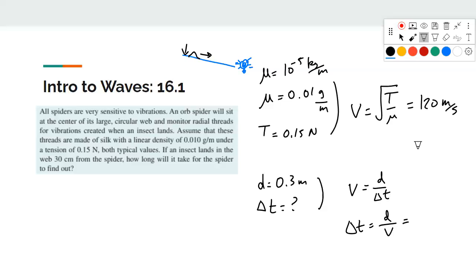Remember, the conversion between meters per second and miles per hour is roughly a factor of 2. So these wave pulses are traveling at like 240 miles per hour, roughly. So very fast. And now we can just plug that into our time as distance over velocity formula. And I get roughly 2.5 milliseconds as the answer to this portion.